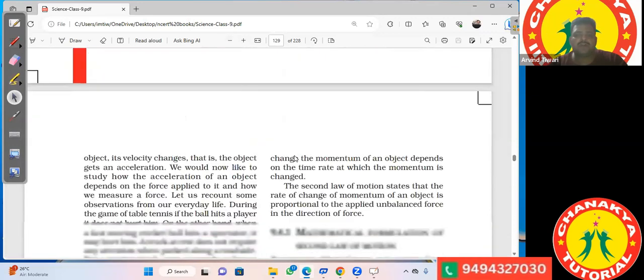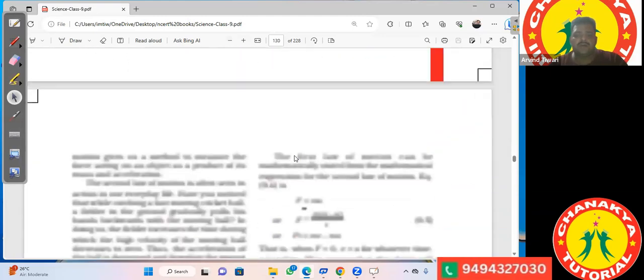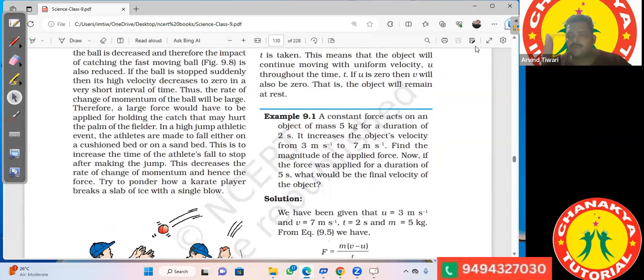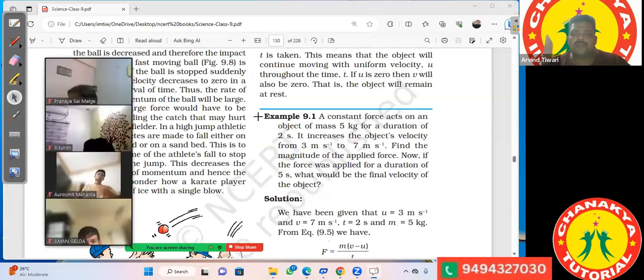Just wait. Second law of motion, and here is a question. Just try this example 9.1. I'm giving you this 9.1. Let's try to solve this.